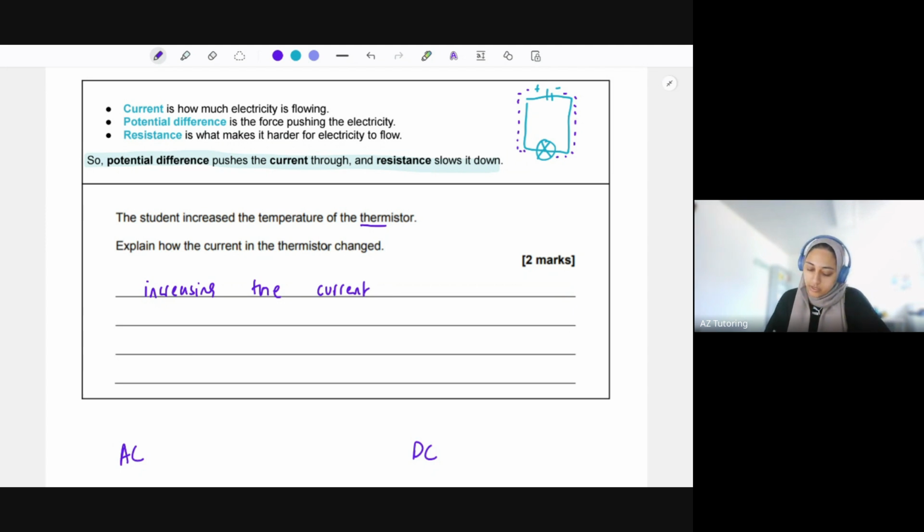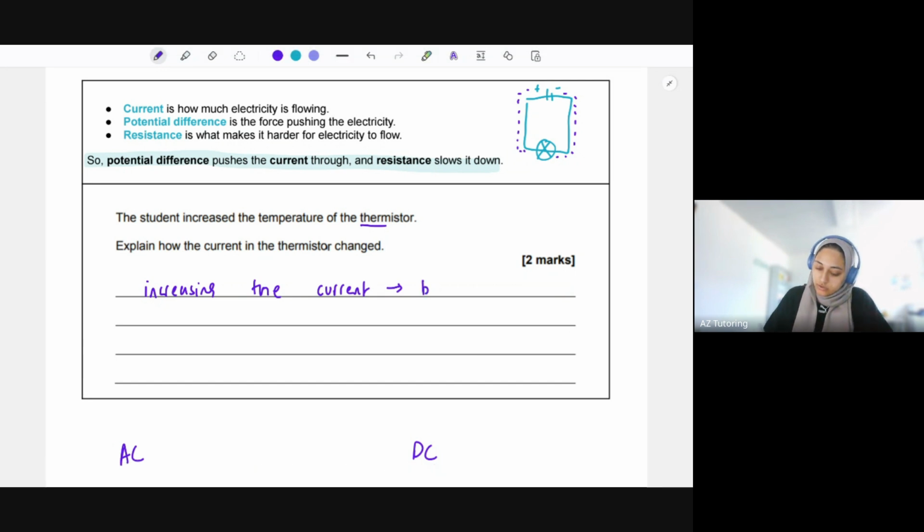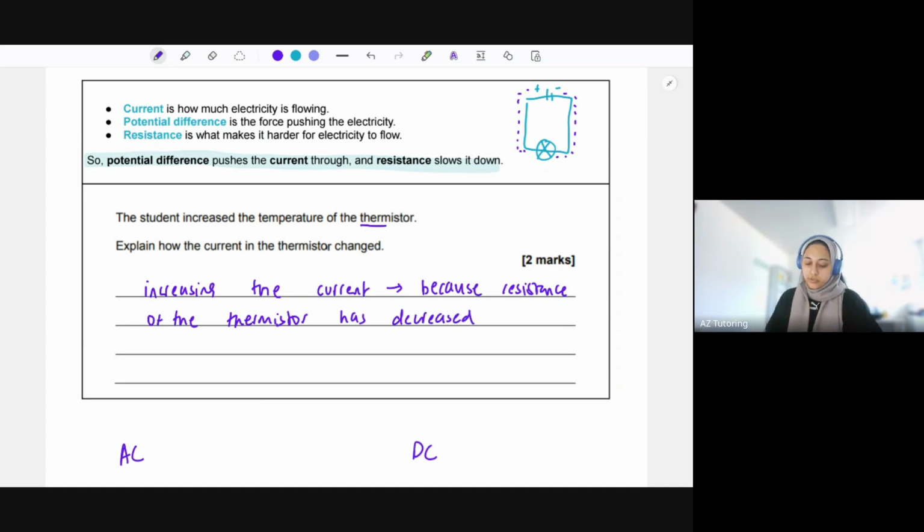And if the current's being increased, you can just say because the resistance of the thermistor has decreased. So it's an opposite relationship with each other, basically.